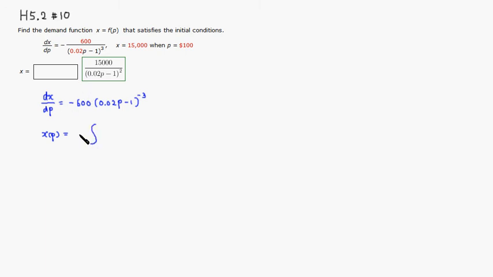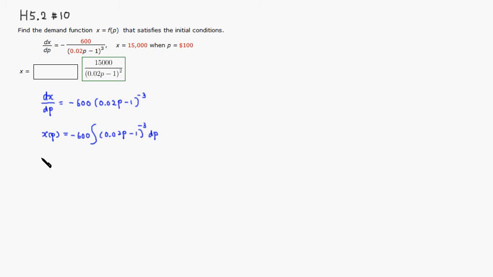600 is just a constant multiple, so I will just put it in front. Then you have a quantity 0.02p minus 1 raised to the negative 3 with respect to p. All right, let's use a substitution here.